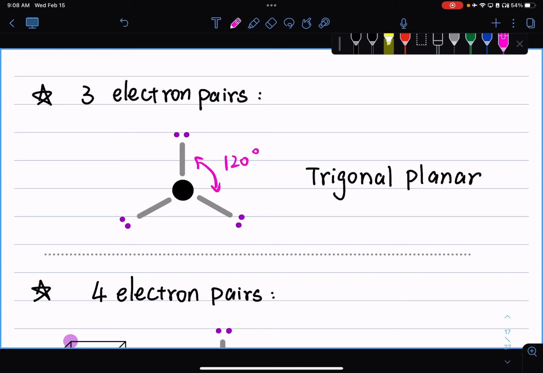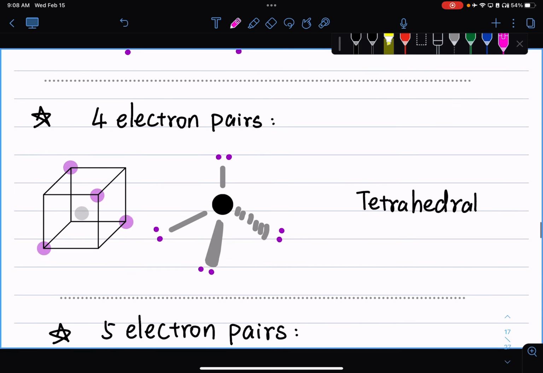Things get a little bit more complicated when we move on to the four electron pair scenario. In the four electron pair scenario, what we have is what we call a tetrahedral geometry, which is a little bit weird. Let me just walk you through.